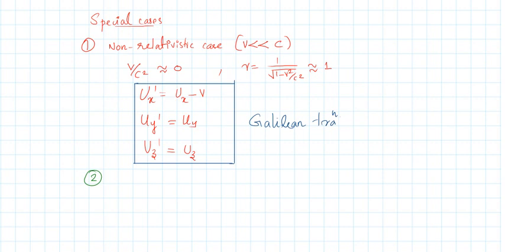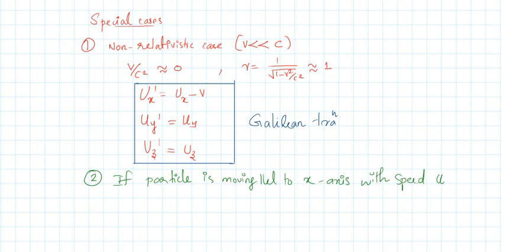Now I'll consider the second case, that is, if the particle is moving parallel to the x-axis with the speed u. What does that mean? ux becomes u, uy becomes 0, uz becomes 0.